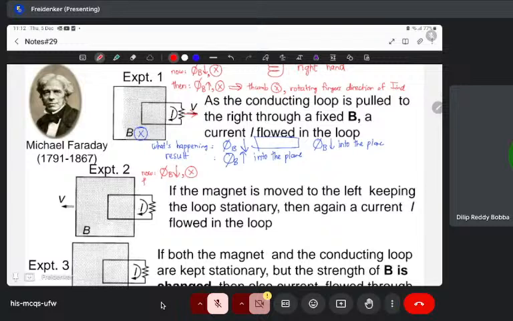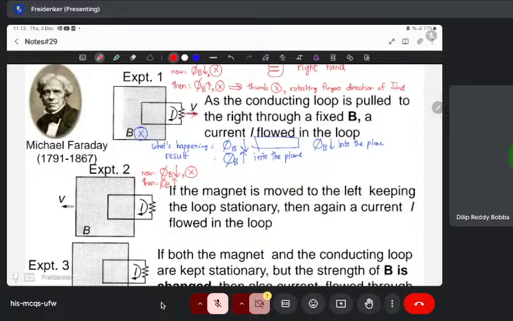In order to oppose this, it will try to produce a magnetic field such that the magnetic flux is increased in the same direction.